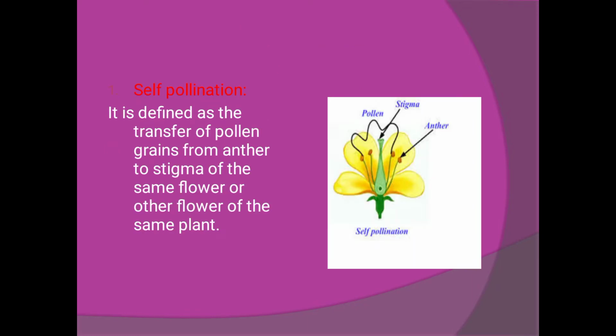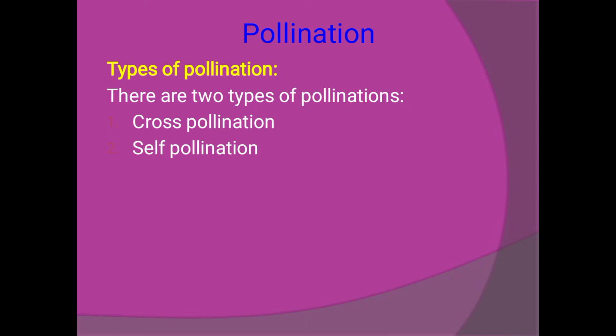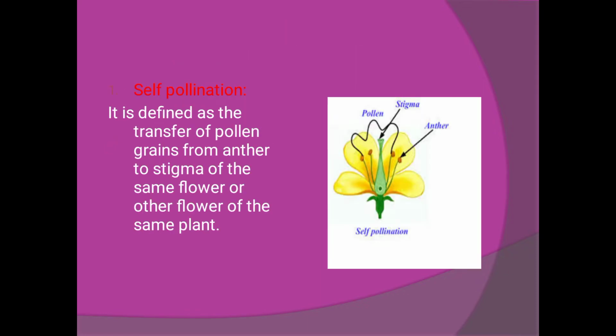There are two types of pollination. One is cross-pollination and the second is self-pollination. Self-pollination is defined as the transfer of pollen grains from the anther to the stigma of the same flower. It means that if the flower is bisexual, having both male and female reproductive parts, or another flower of the same plant, meaning a single plant has two types of flowers that are unisexual.